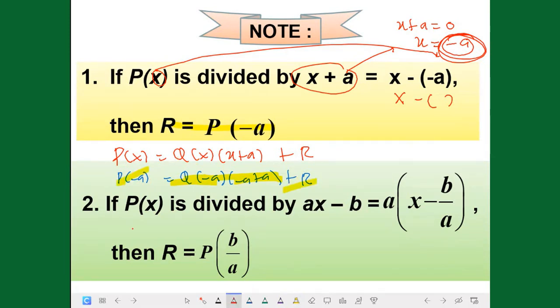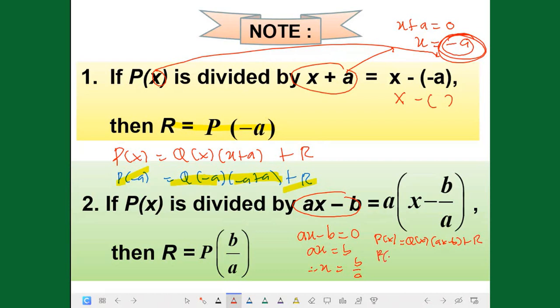And then when P(x) is divided by ax minus b, equal to 0, ax is equal to b, therefore x is equal to b over a. Substitute x with b over a. P(x) equals Q(x) times (ax minus b) plus r.